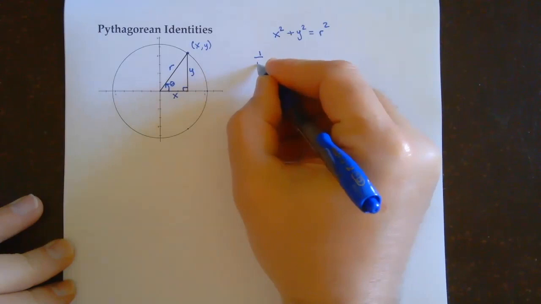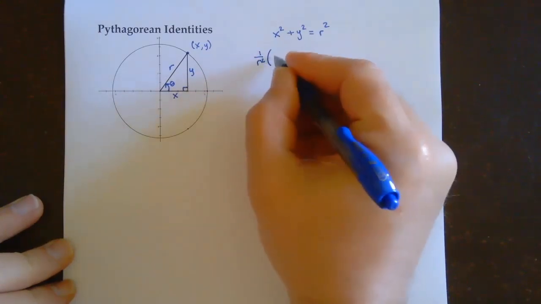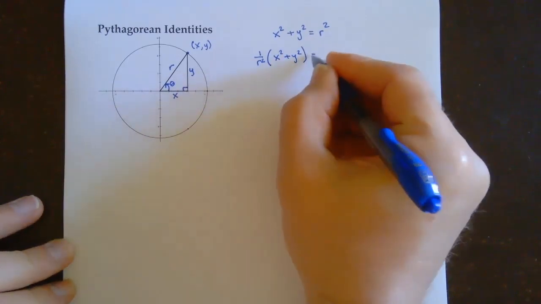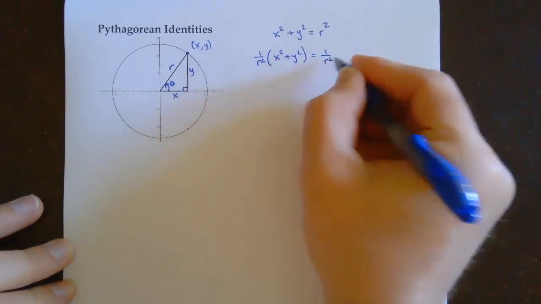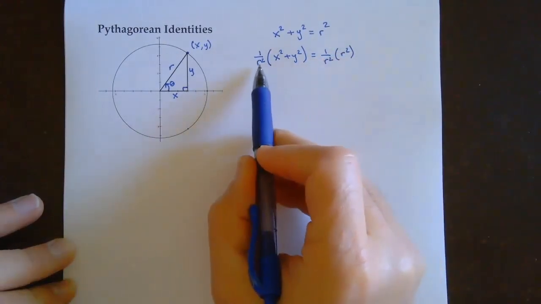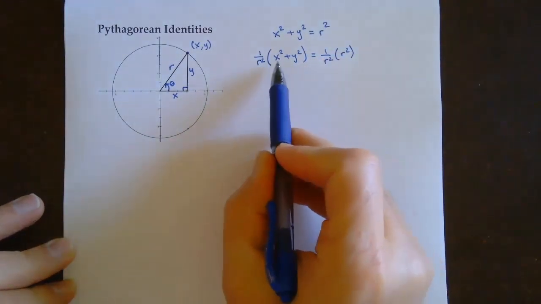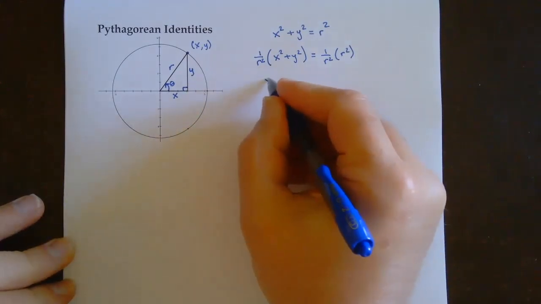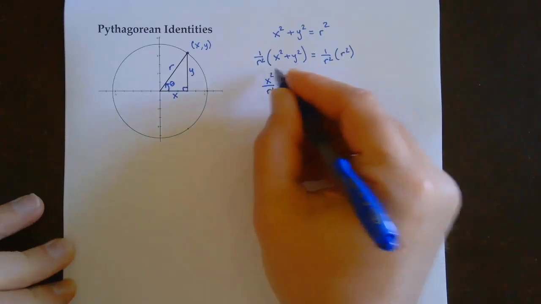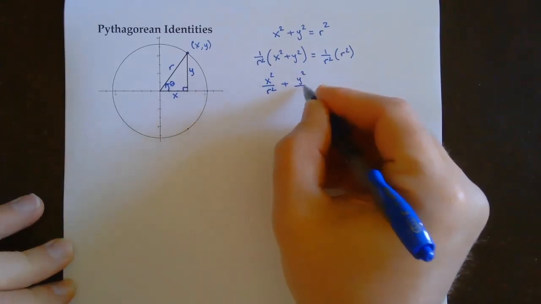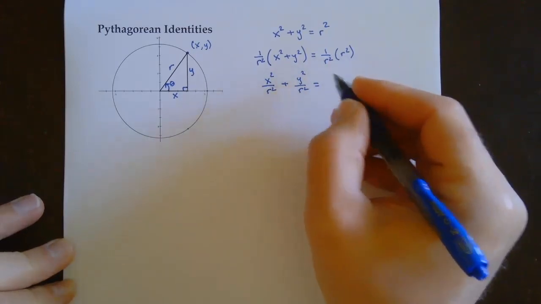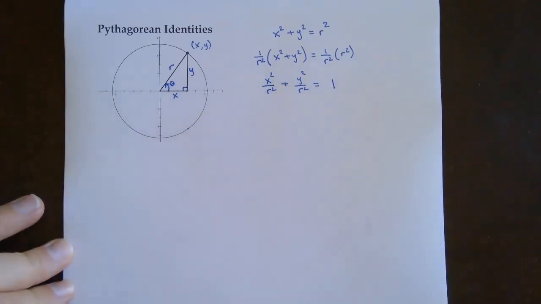So 1 over r squared times x squared plus y squared is equal to 1 over r squared times r squared. If I distribute this, it'd be x squared over r squared plus y squared over r squared is equal to r squared over r squared, which would just be 1.